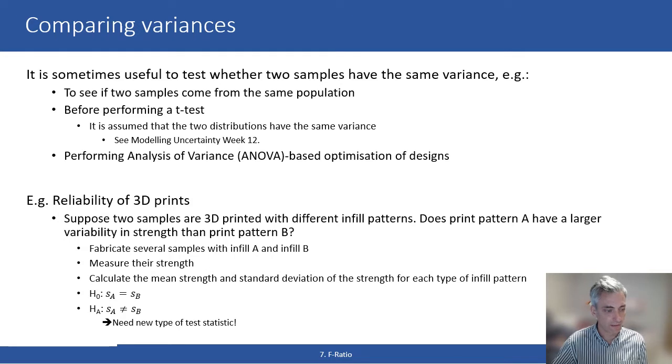So then we need a new test statistic to perform this test, because we can't do this with the standard Z test statistic that you're using for normal distribution tests on the means.